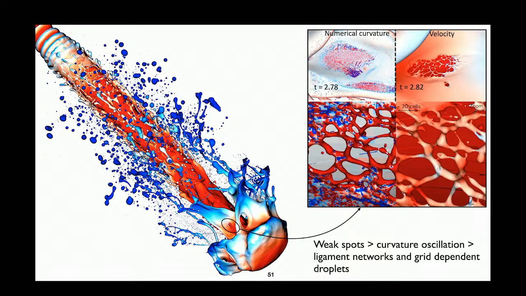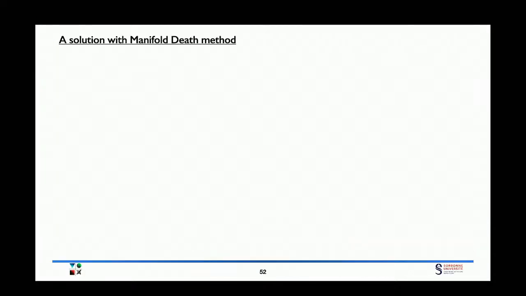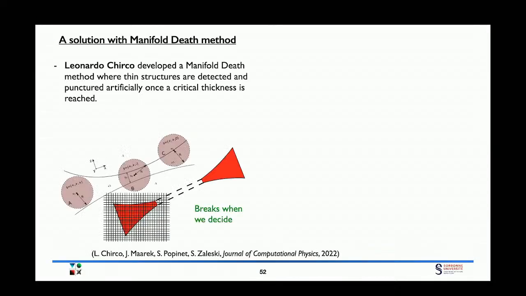So the curvature ripples are found on this sheet thinning on the interface, and these curvature ripples then give rise to this type of numerical ligament network, and then drops that scale with the grid size. So it is this thing that causes the grid dependence.